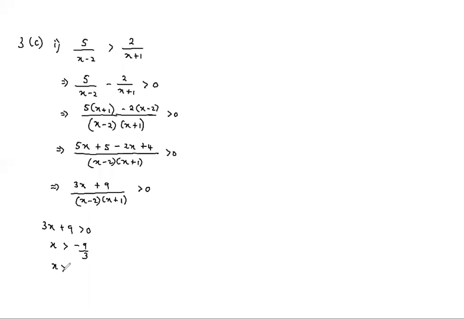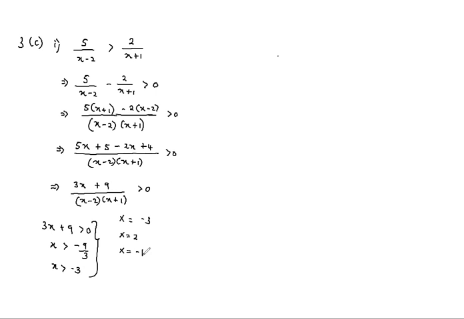So x must be greater than negative 3. Now I don't use this, I don't trust this. Now let's test. So we get the critical points at this stage. x is equal to negative 3. In the denominator, x is equal to 2 and x is equal to negative 1.